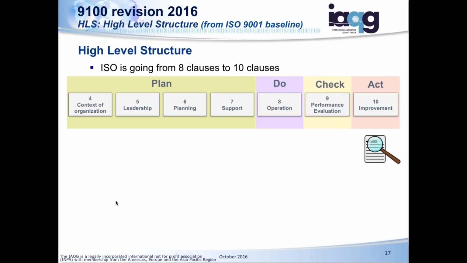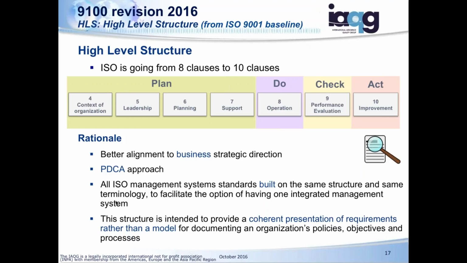So what does this whole structure look like? Well, here it is, and it's great because it very much follows a plan, do, check, act approach. Here you see first the plan, with regards to the upfront areas of the context of the organization, leadership, planning, support; the doing, which we used to call product realization, now called operation; check, the performance evaluation, how you go check to see if your system is meeting requirements; and then the act, the improvement aspect.